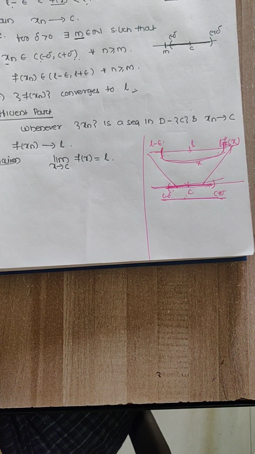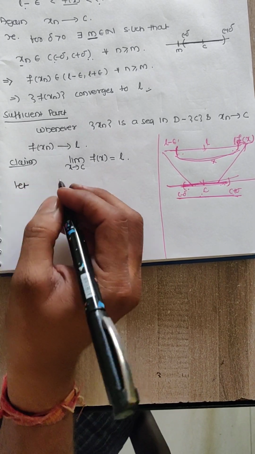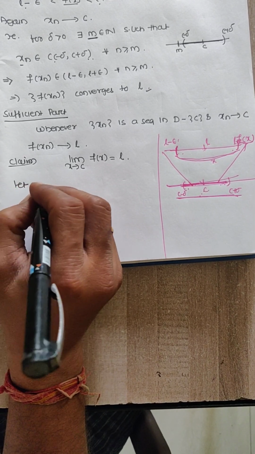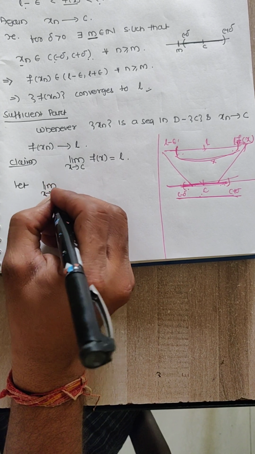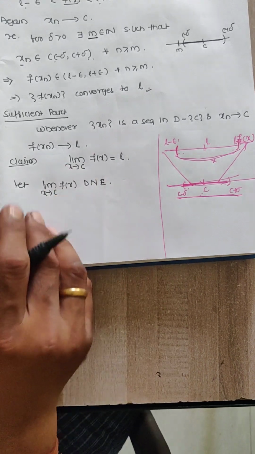So we will prove this by the method of contradiction. Let the limit as x tends to c of f(x) not exist.